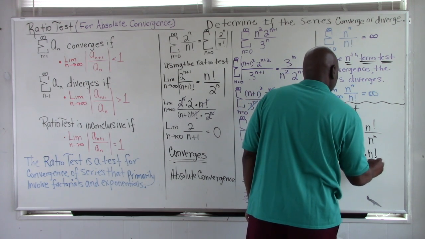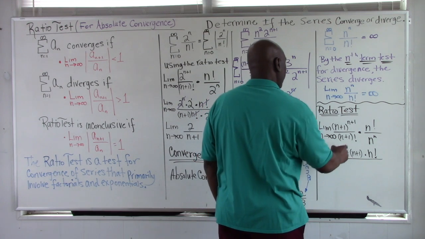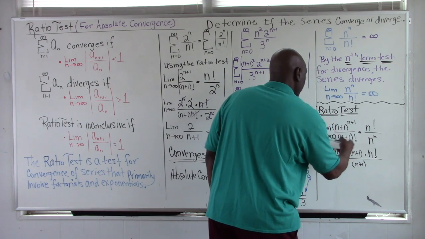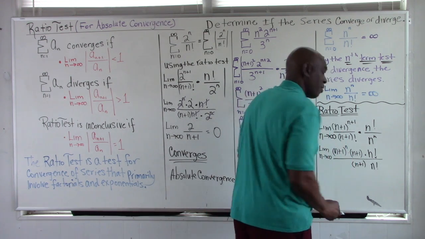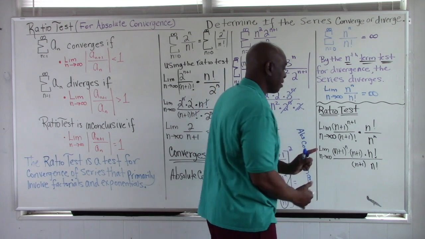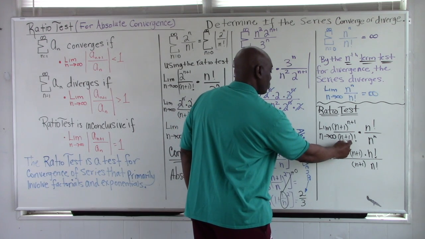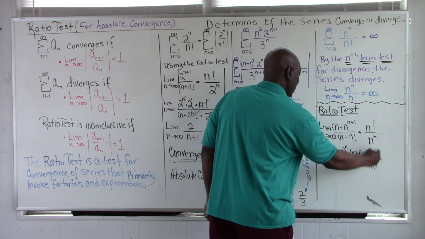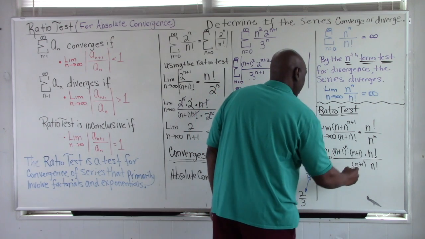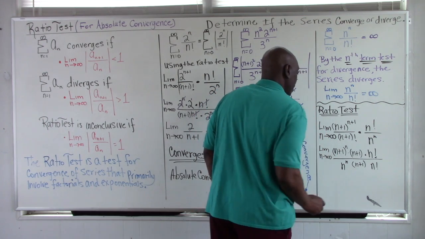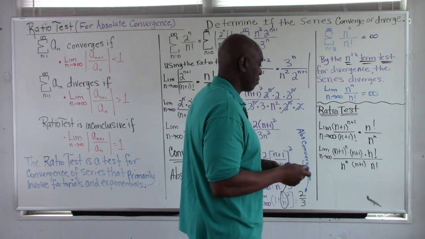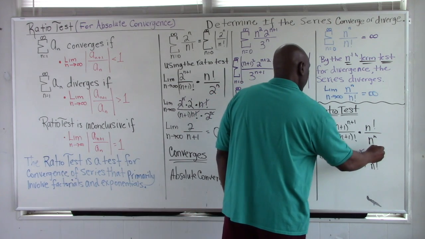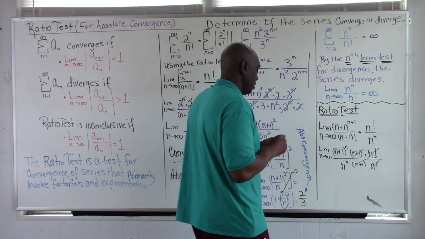It's n plus 1 to the power of n times n plus 1 times n factorial, all divided by n plus 1 times n factorial. See how I lined that up? Because this right here is n plus 1 times n factorial. Now I have an n to the power of n. The n plus 1s go to 1, and the n factorials also go to 1.